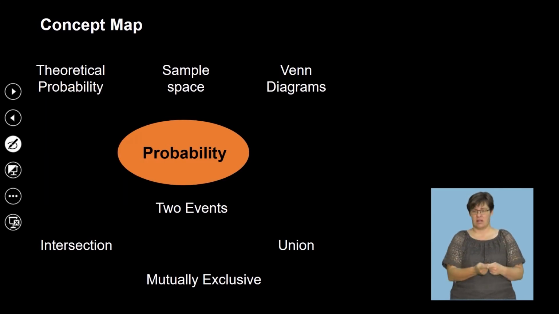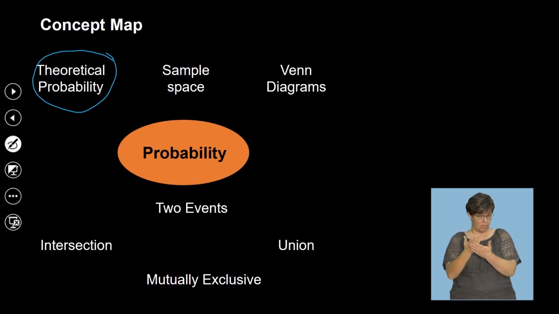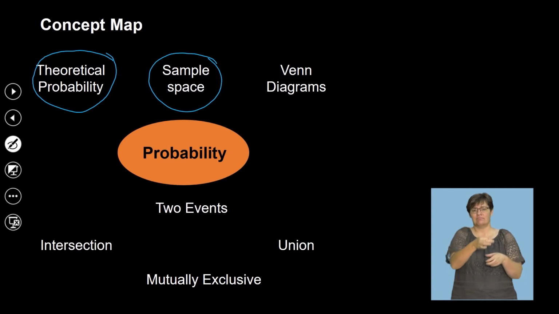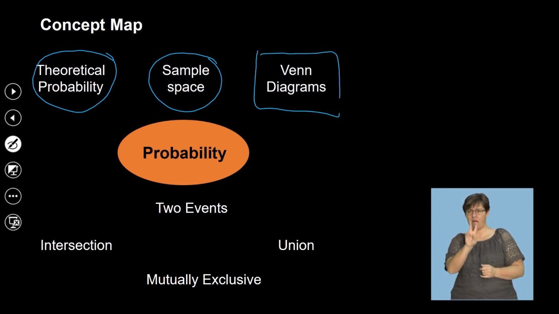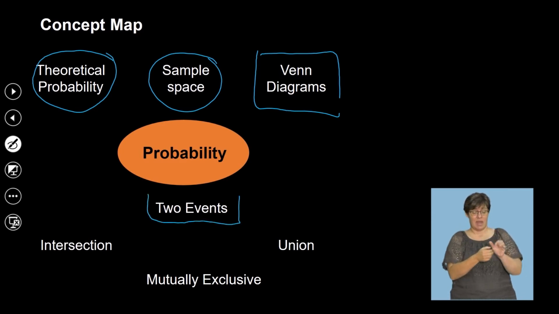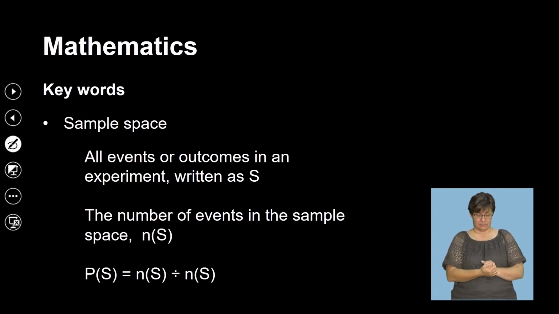We recognize we know how to do the calculation of theoretical probability. We also recognize the idea of a sample space, and we're going to introduce and spend some time on this idea of a Venn diagram before we get to dealing with 2 events. So let's just go over some key ideas.